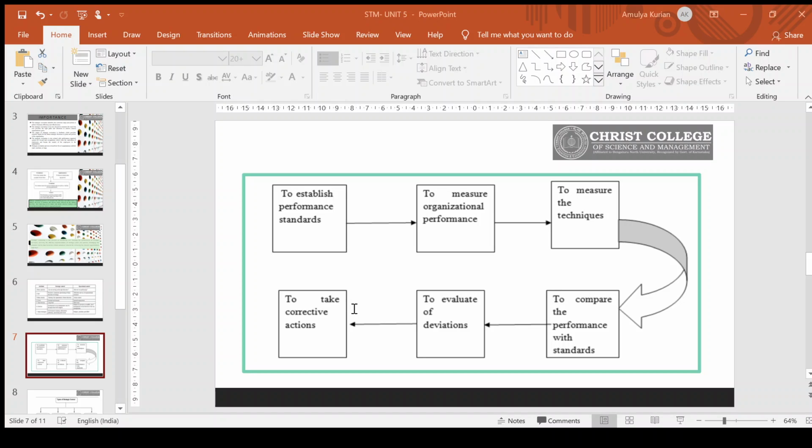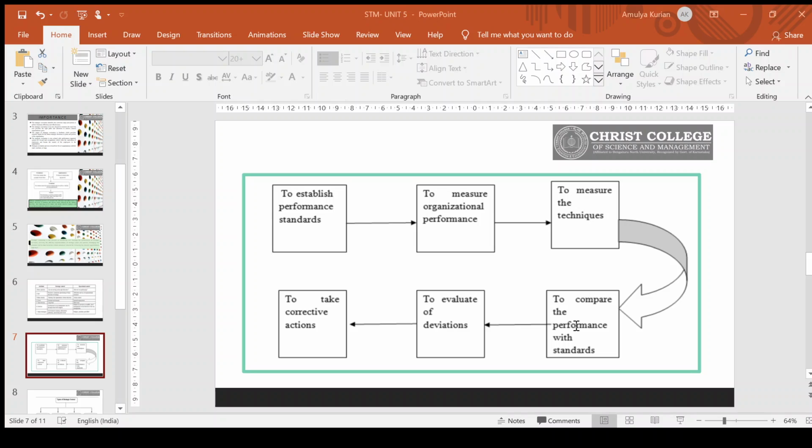Similarly, we have marketing measures like sales analysis, market share analysis, marketing expense to sales ratio, customer attitude tracking, and efficiency analysis. So based on all those things, we will be using different techniques to measure. After that, we will be comparing the performance with the standard.